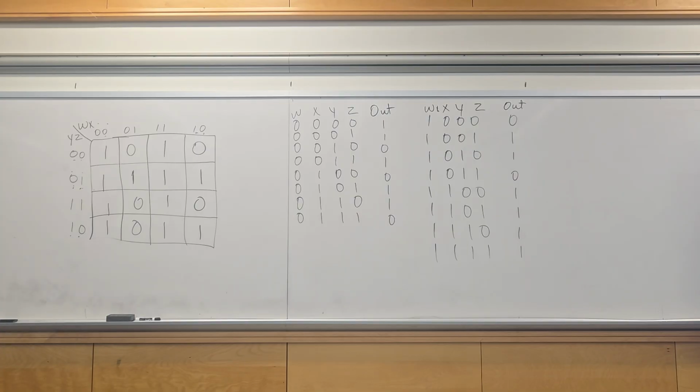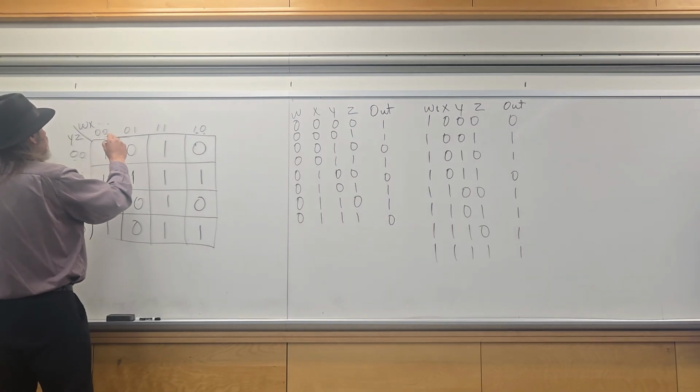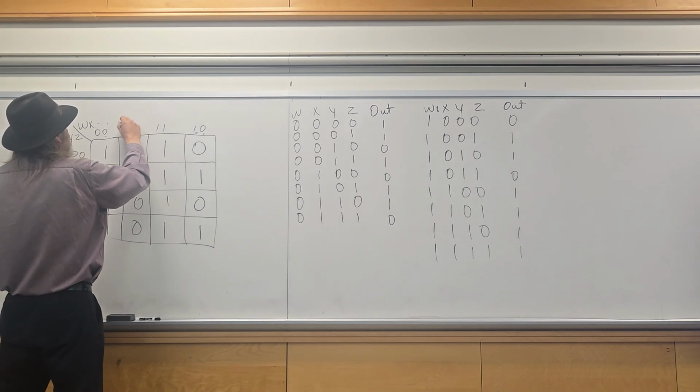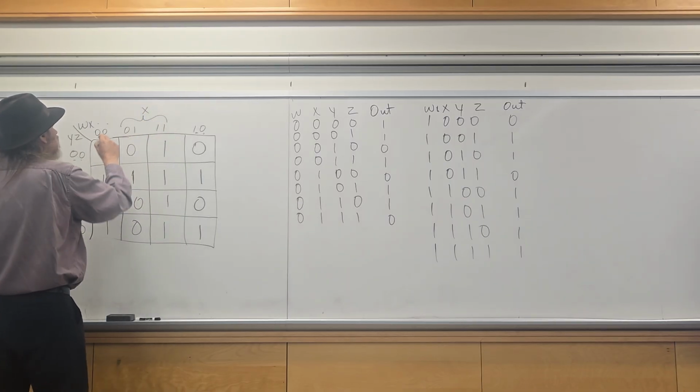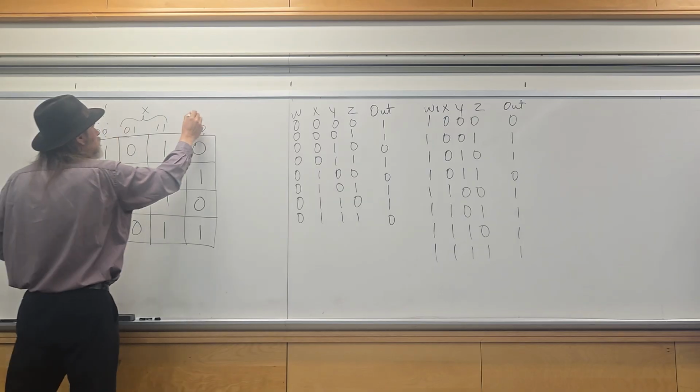So, how many groups do we got? Groups of powers of 2: 1, 2, 4, 8, 16. Let me label this: this is the X and X prime.